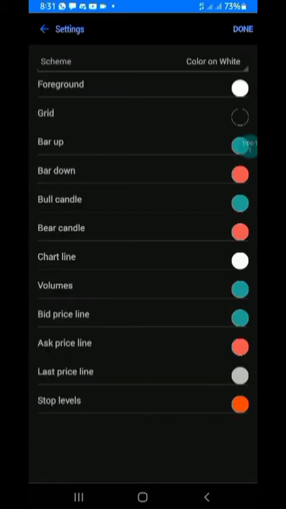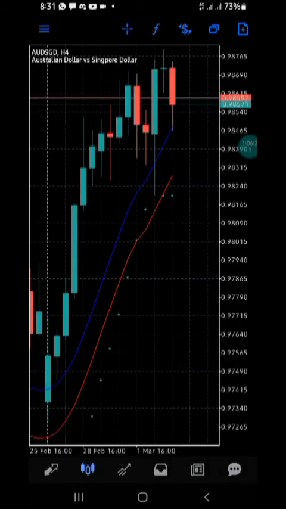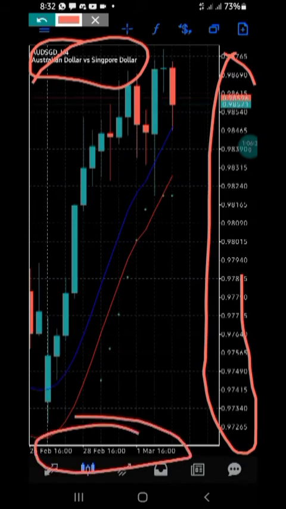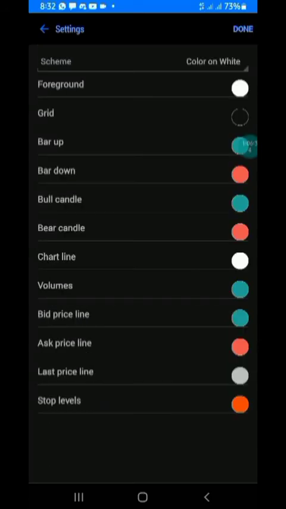So then you have colors. Foreground is actually the color of those details, numbers there, and it's on white. All these colors here are the foreground. Everything here is the foreground. So I can change their colors and give them a different color, but I don't want to change it.